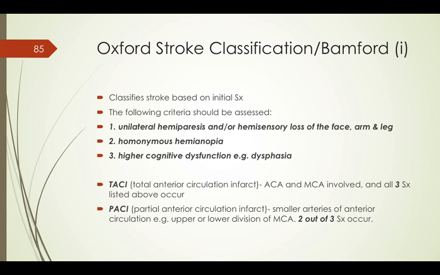So unilateral hemiparesis or hemisensory loss of the face, arm and leg, a homonymous hemianopia, or a higher cognitive dysfunction such as dysphasia. If you were to have trouble with all three of them, that would be a total anterior circulation infarct, whereas if you were to get two of the three, that would be a partial anterior circulation infarct. So it's very important to put those to your mind.